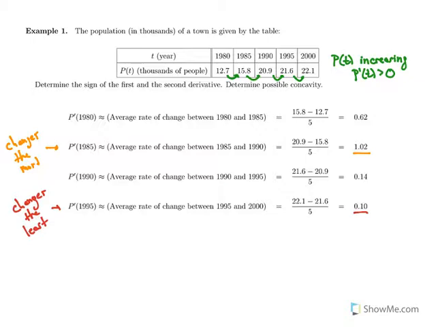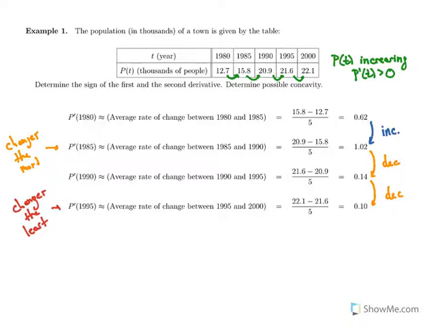So now we think about the second derivative. We're trying to see, is the derivative increasing or decreasing? So let's look at the change between 1980 and 1985. We have that we're going from 0.62 to 1.02. So this is increasing. As we go from 1.02 to 0.14, we are decreasing, and same to 0.10.